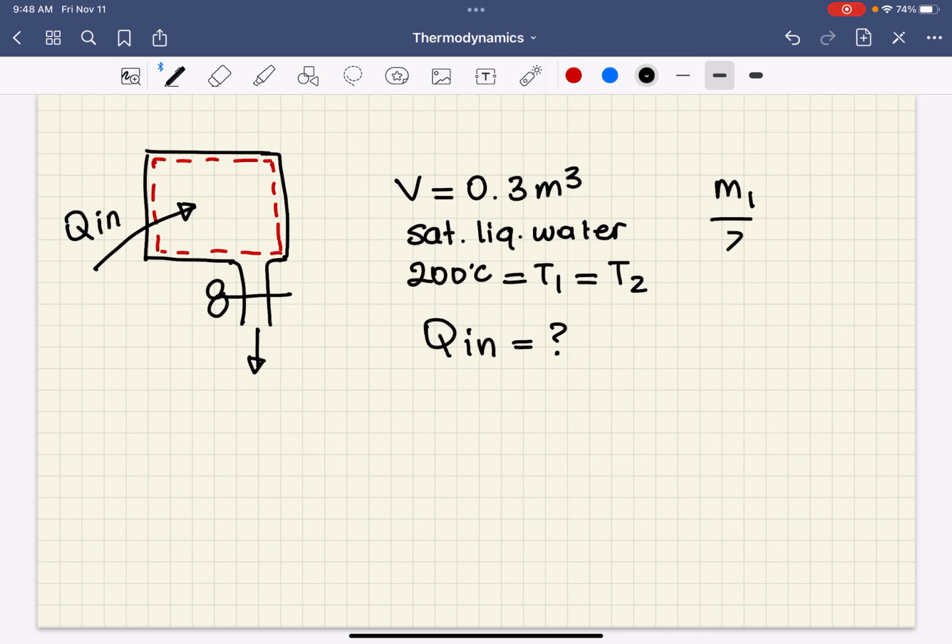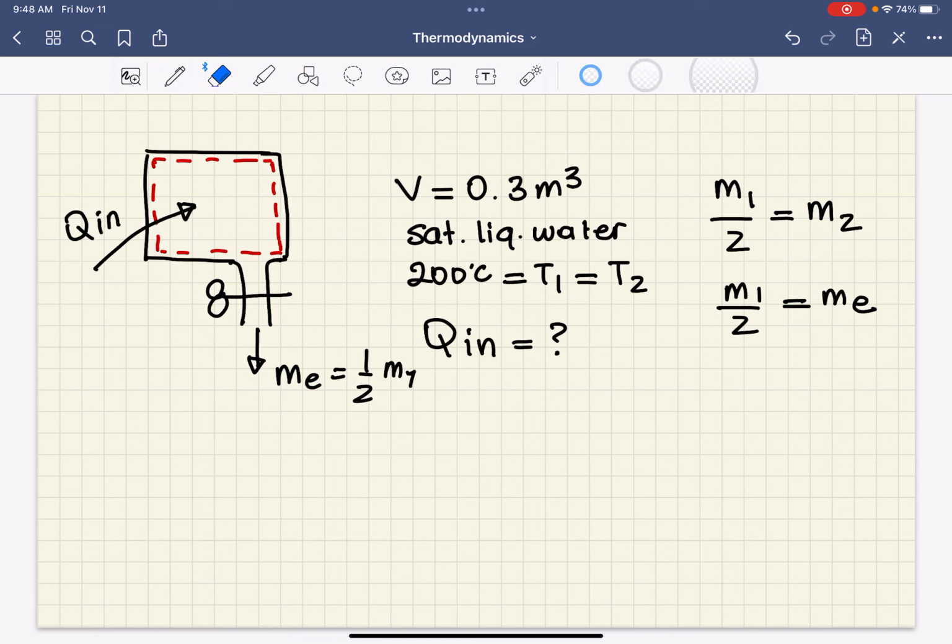And half of it is gonna be withdrawn, which means half of it will remain at the second state. It also means that half of it is what is exiting the system. So that is also your exit mass. Your exit mass is half of the initial mass.